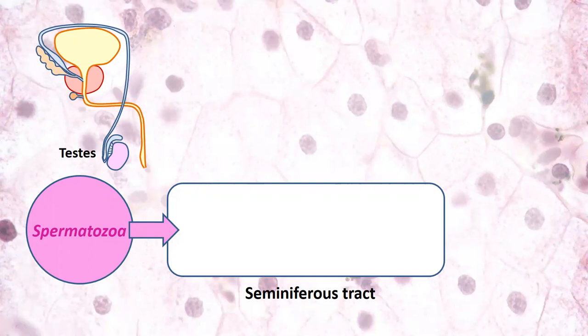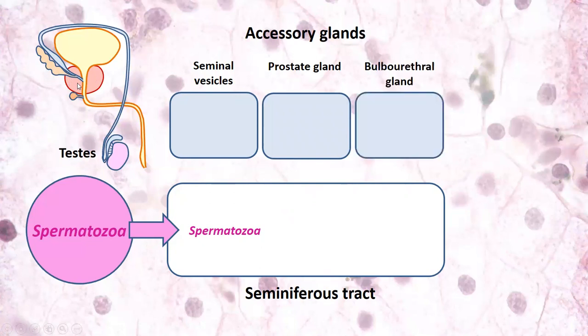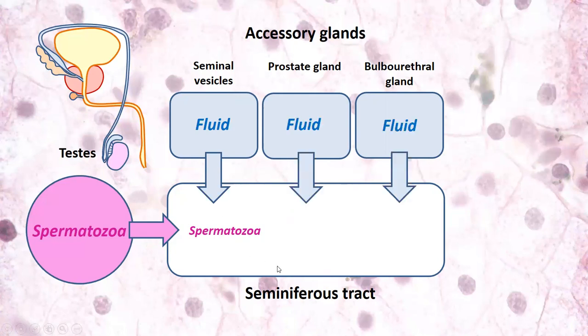There are also special accessory glands: the seminal vesicles, the prostate gland, and the bulbourethral glands. They produce different kinds of fluid, which is released into the lumen of the seminiferous tract.